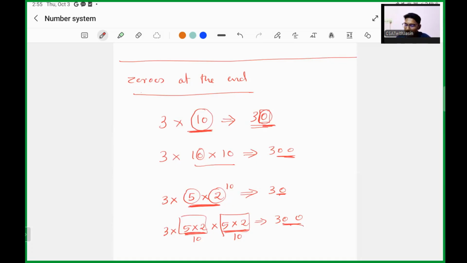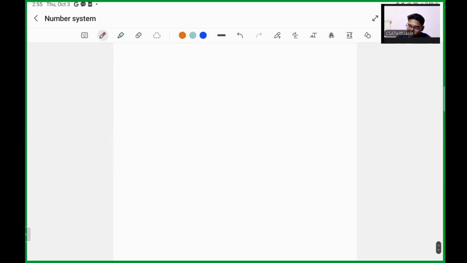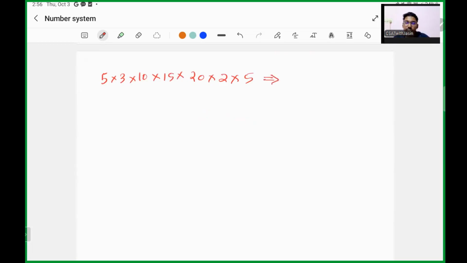The questions may be a little more complicated. So you understood what you need to do. Just try to answer this question: 5 into 3 into 10 into 15 into 20 into 2 into 5. You need to find out how many zeros are at the end of this expression. Just try.